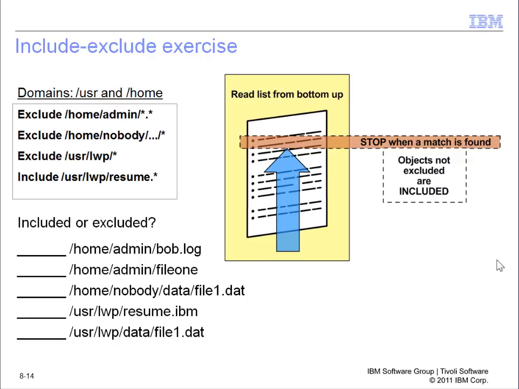So in this exercise, here's our include-exclude list. Our domains that we're backing up are user and home.